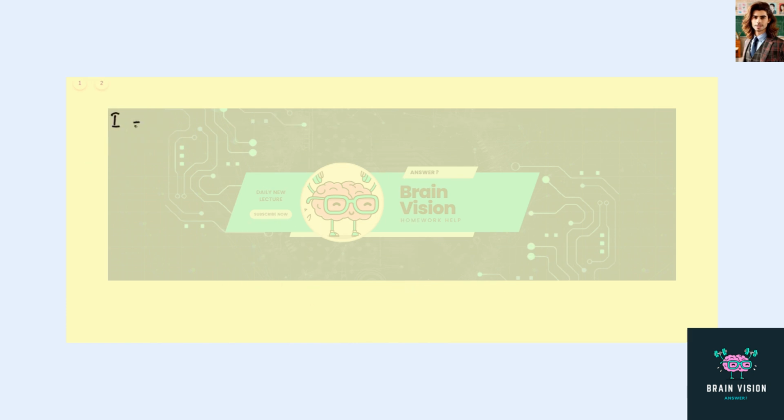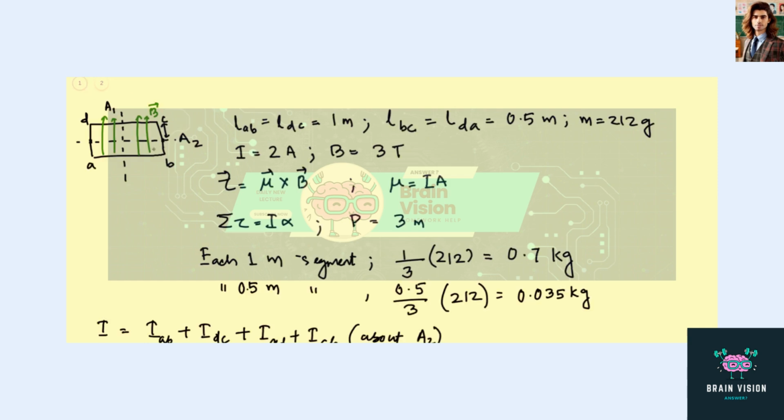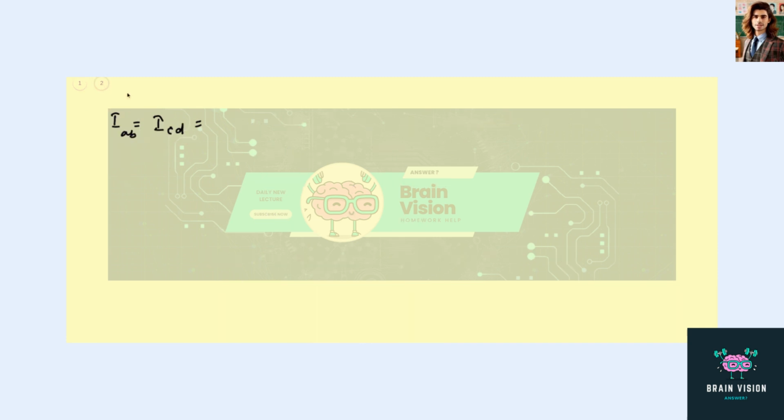Now the moment of inertia of AB or CD. We are treating these two segments as point masses, so the moment of inertia will just be the mass of this segment times the distance from the axis, which is 0.25 meter.